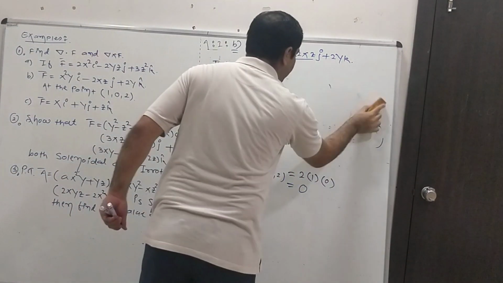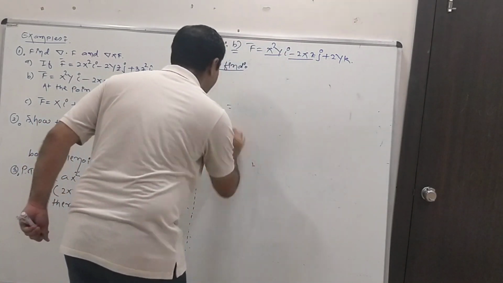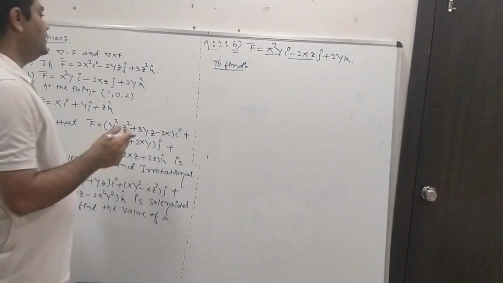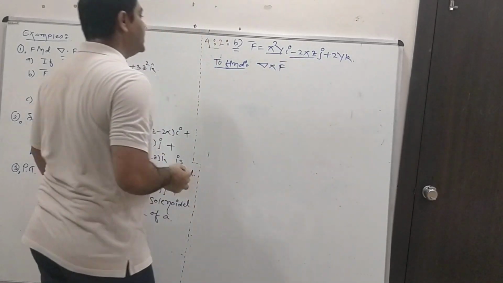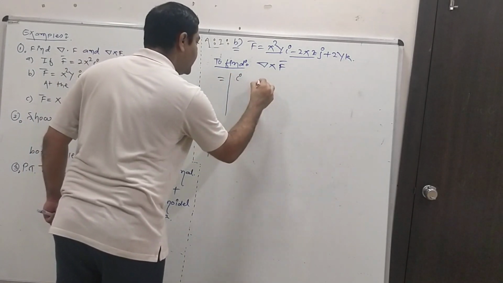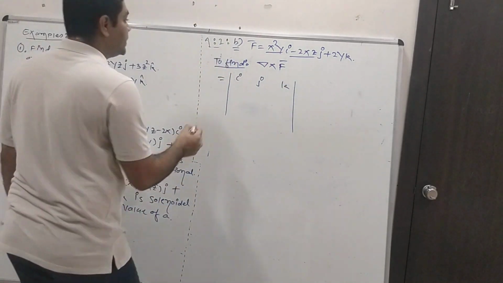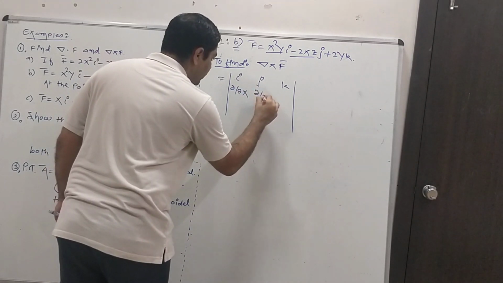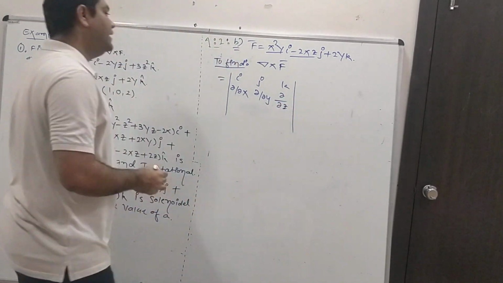Now we'll find the curl of the given function, which is very similar to the first one. So how we'll find curl? That is del cross f bar, which is equals to the determinant with i j k, del by del x, del by del y, and del by del z.